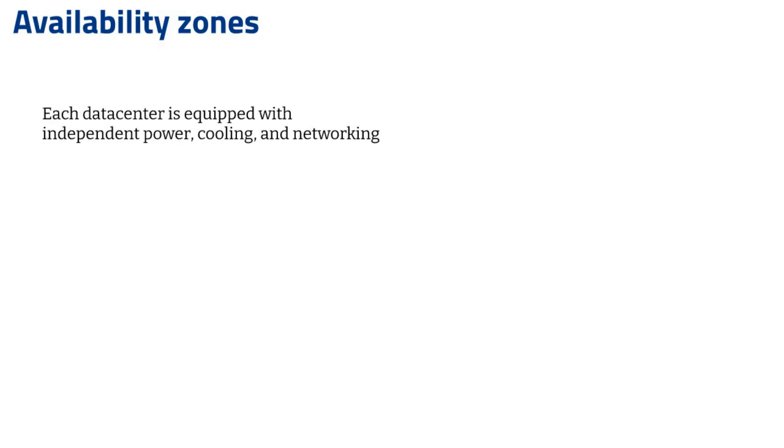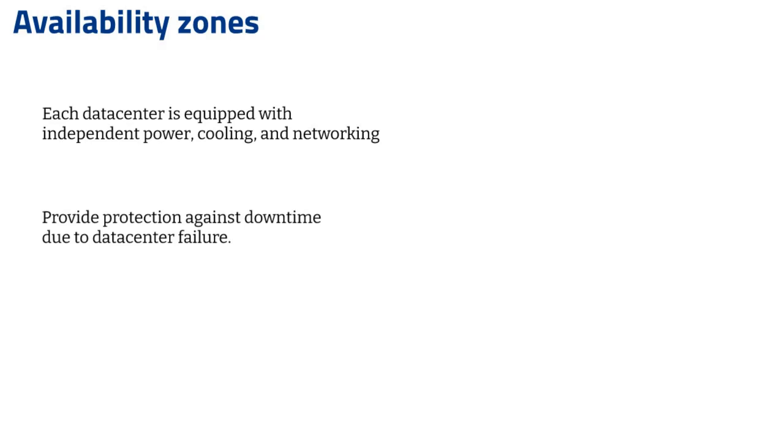Availability zones are physically separate data centers within an Azure region. Each availability zone is made up of one or more data centers equipped with independent power, cooling, and networking. An availability zone is set up to be an isolation boundary. It provides protection against downtime due to data center failures.